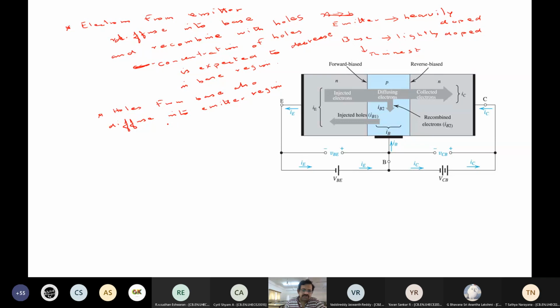This is one component of base current. So this is very important that you make the base region thinnest.